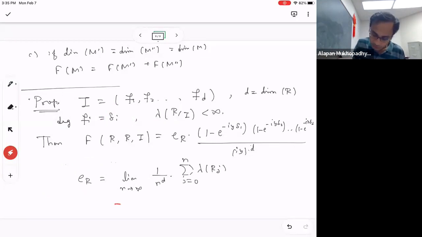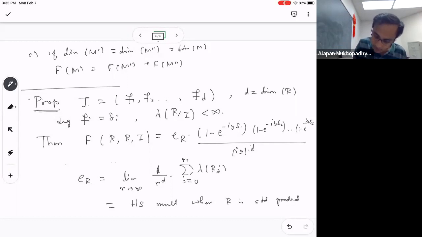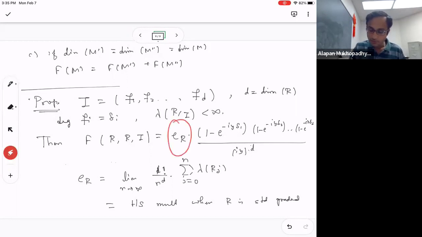Sorry, I missed a d factorial factor. Okay, so yeah, the Frobenius-Poincare function contains the information of the Hilbert-Samuel multiplicity. It contains information about the degrees of these elements, and it also understands the dimension.